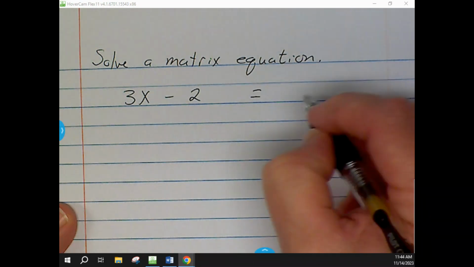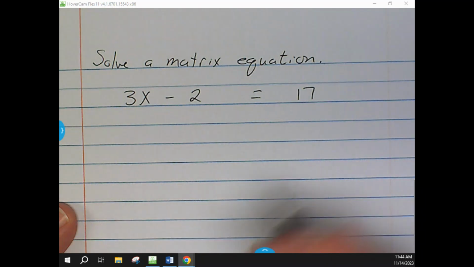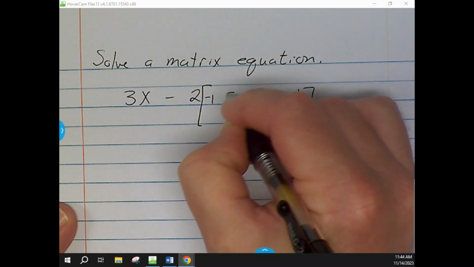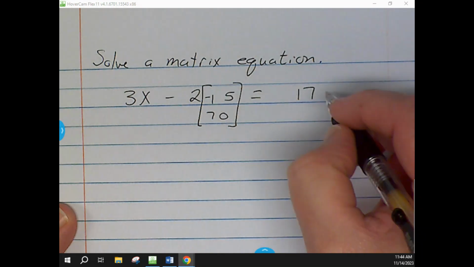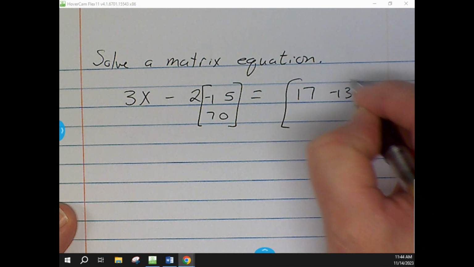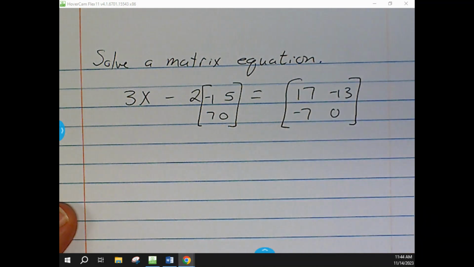And the big thing is that if we were solving normal equations, it would be something like 3x minus 2 equals 17. If it's a matrix equation, here's the difference: now you're going to have a matrix where instead we had just numbers.